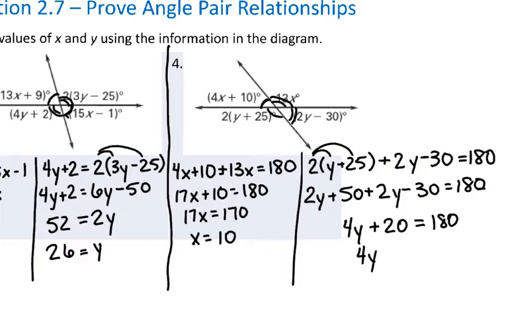Subtract the 20 from both sides, and divide both sides by 4. We get y equals 40. And there you have it. We solved for x and y in both of our numbers here, 3 and 4.